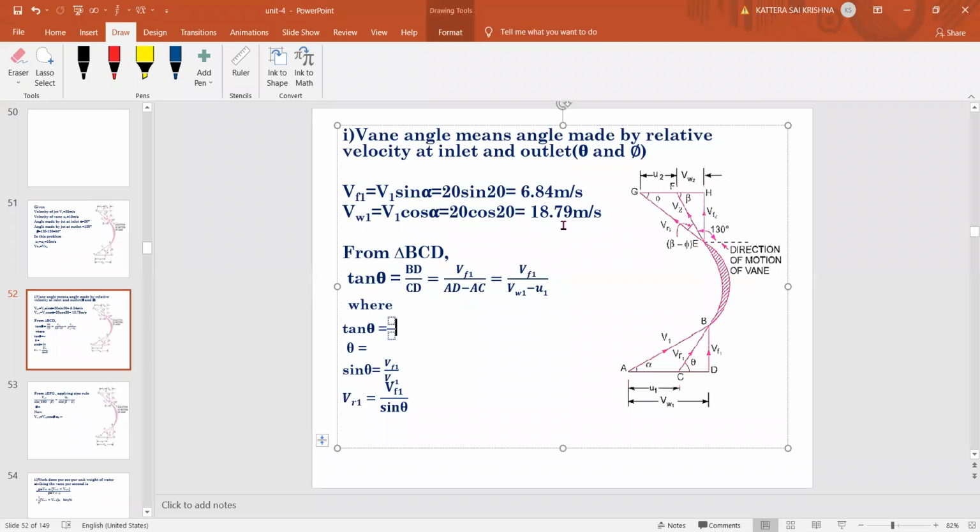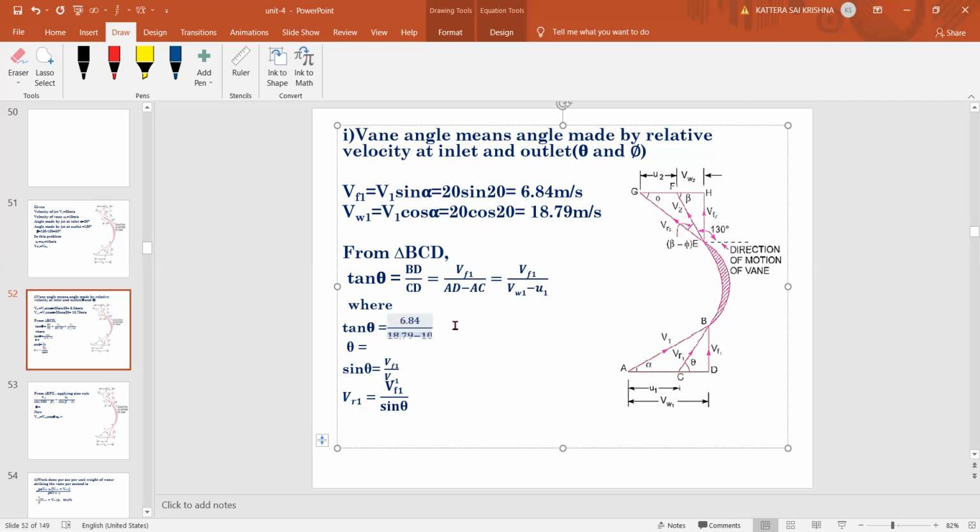Right. So next, after finding VF1 and VW1, you can use this triangle BCD. From triangle BCD, tan theta equal to VF1 by VW1 minus U1. Now we have all the terms, that is VF1, VW1 and U1. So substitute the values and you can find theta. Tan theta equal to 6.84 divided by 18.79 minus U, the velocity, 10 meter per second, right?